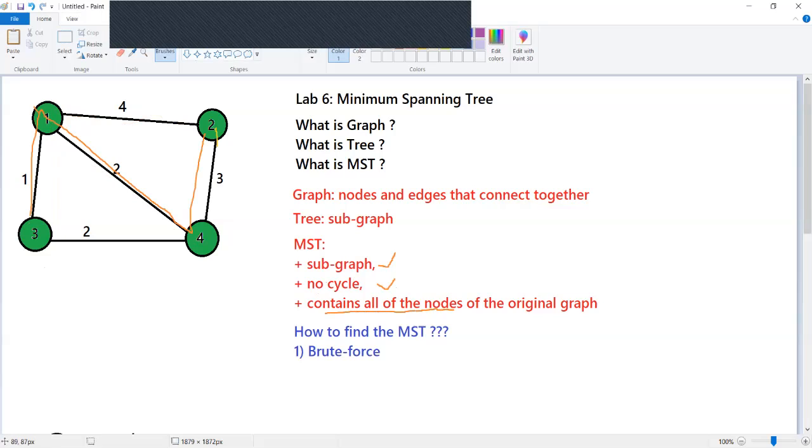Let's see: 1, 3, 4, 2. Yes, it goes over all 4 nodes. So it's actually an MST candidate. Now let's see the total weight: it's going to be 1, 2, 3. So the total is going to be 6. So let's write 6 over here.